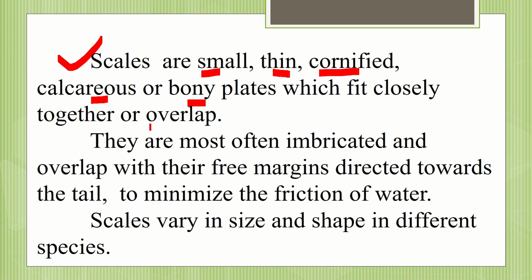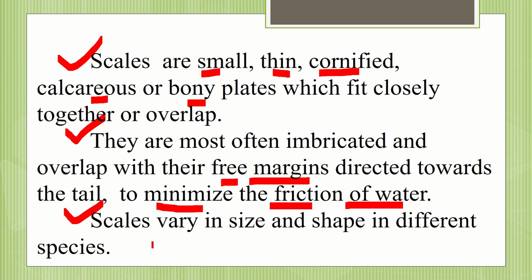They are most often imbricated and overlap with their free margins directed towards the tail, due to which the fishes get minimum friction in the water during their movement. Scales vary in size and shape in different species.